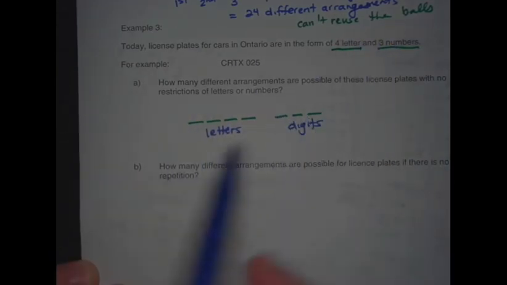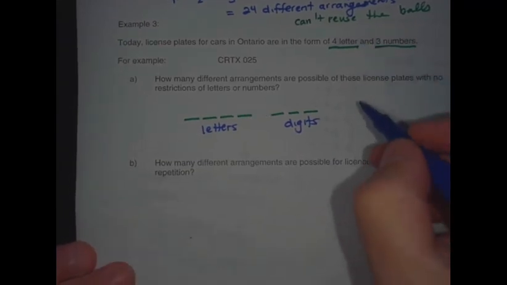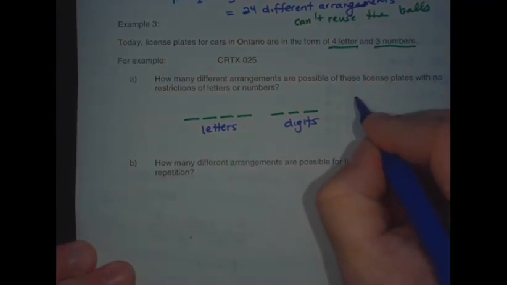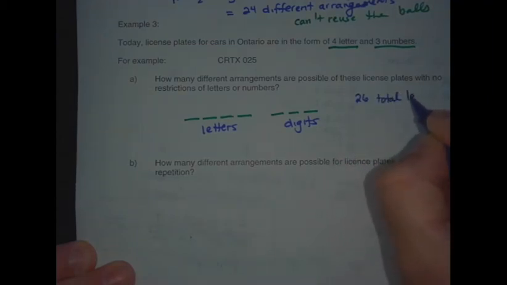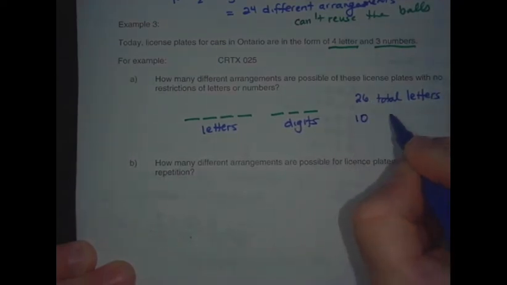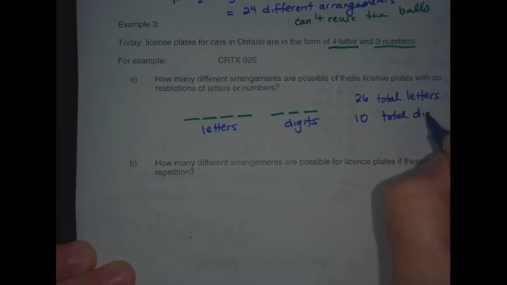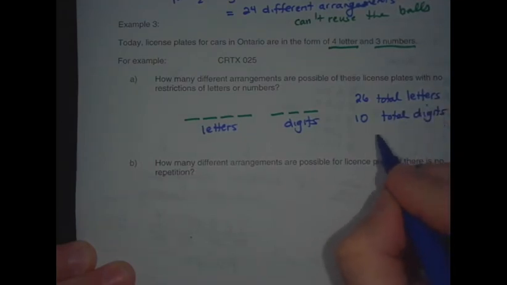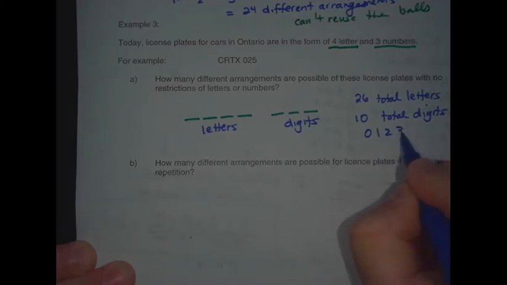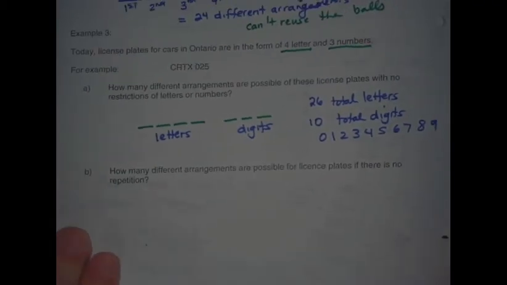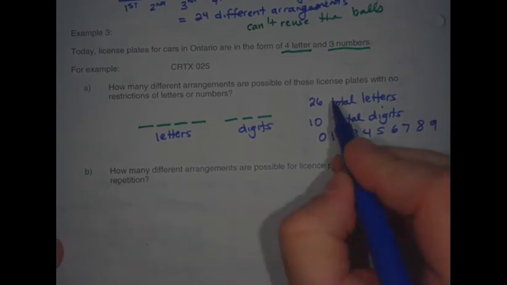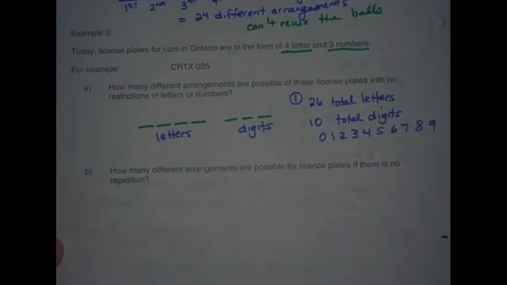Well, with our knowledge of the alphabet in English, we know we have 26 total letters. And we know we have 10 total digits, so singular digits. So the idea there, I can choose 0, 1, 2, 3, 4, 5, 6, 7, 8, and 9. So those are the different options I have. So that's question 1, how many total objects I have.